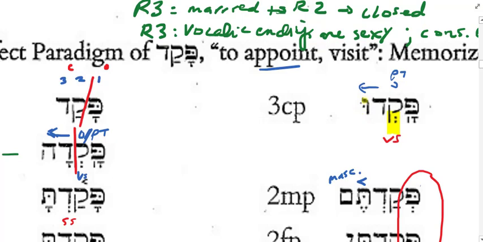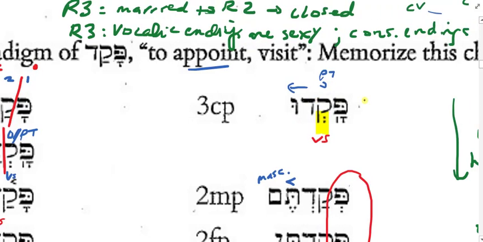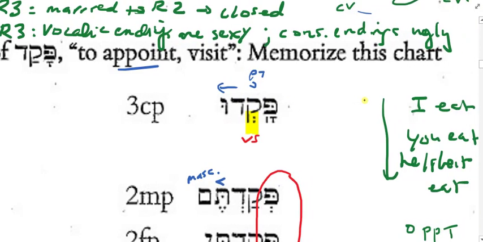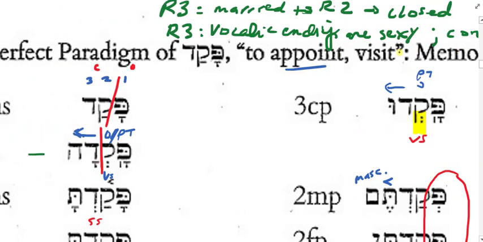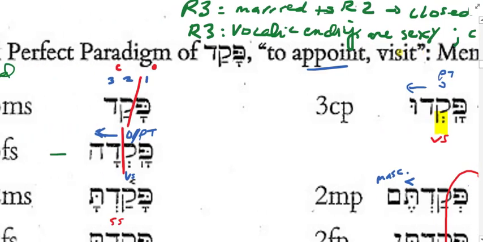All right? On the other hand, root 3 thinks that consonantal endings are very ugly. So when root 3 sees a consonantal ending, he's not very interested in connecting with a consonantal ending. So root 3 does what? Root 3 stays married to root 2 with all of these consonantal endings that we see here. So pakad-ta.